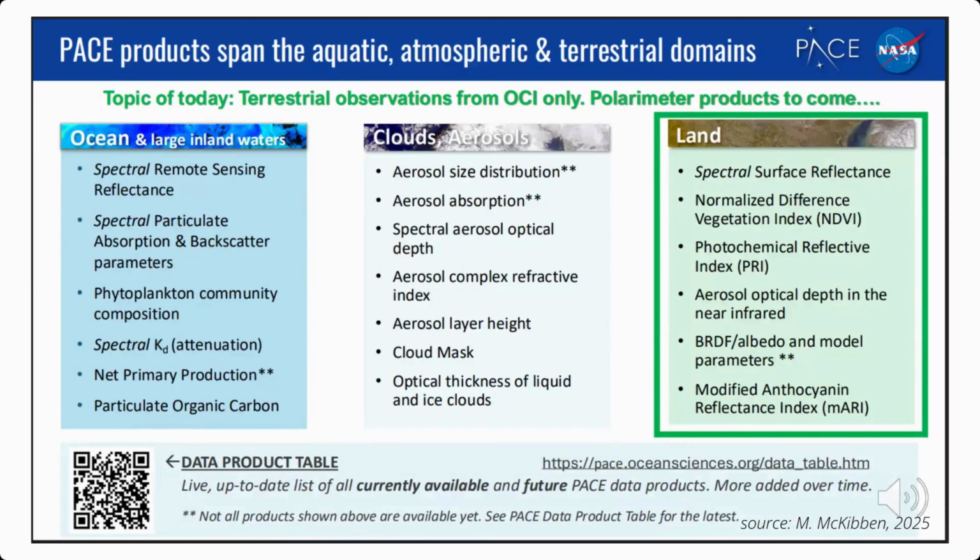And as Morgane has herself said before, one of the things that blows people's minds is that PACE ostensibly is an ocean observing mission, and yet it's producing all this great land data. Looking at the participant list, I know that some people work in conservation, other people work on ag. I see questions in the chat about agricultural monitoring. PACE's data is relevant to so many different parts of terrestrial monitoring.